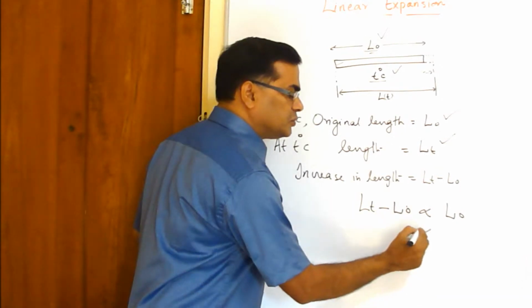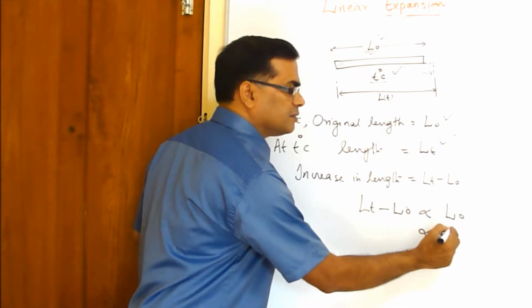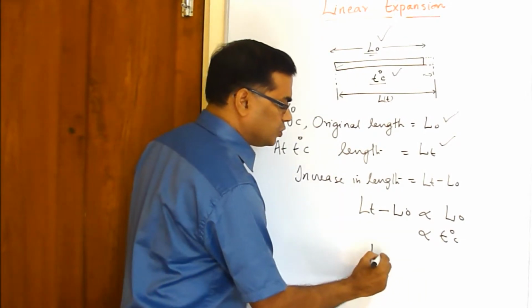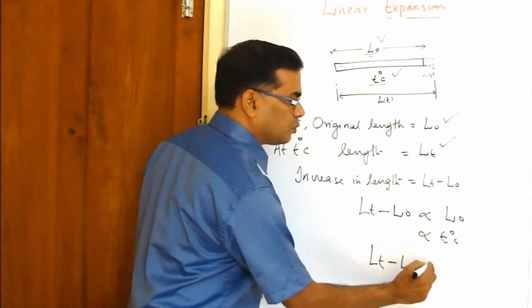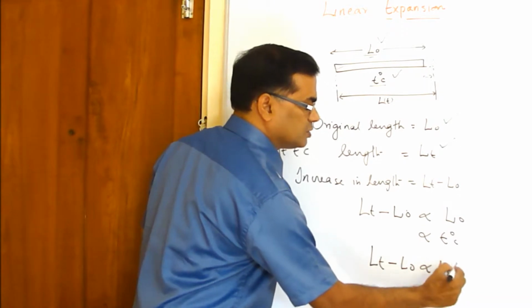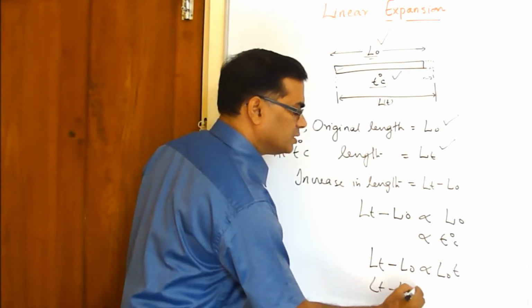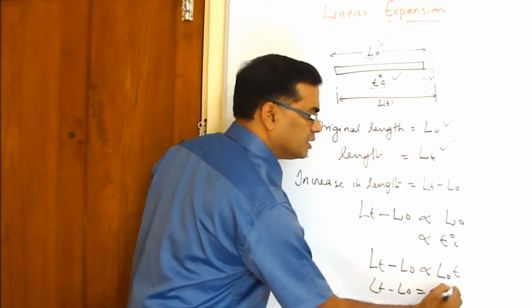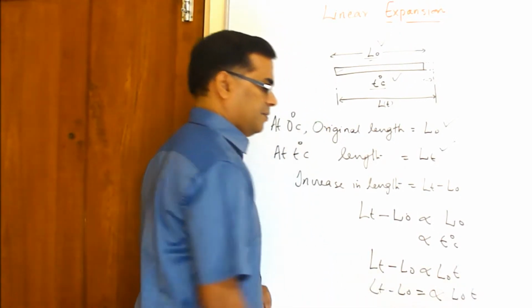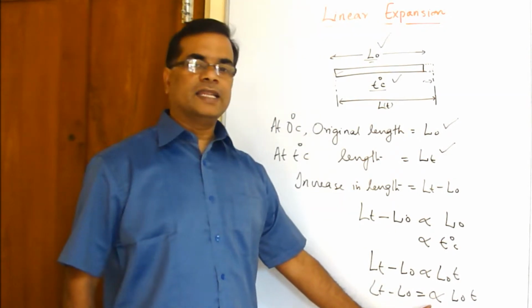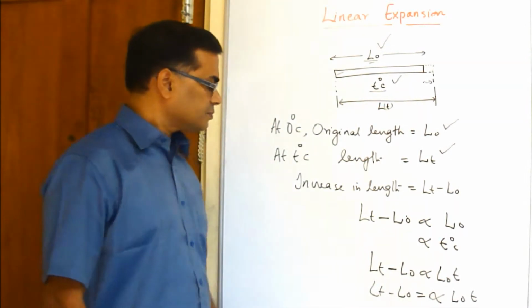It is proportional to the rise in temperature. Therefore, we can write both together as LT minus L0 is proportional to L0T, or LT minus L0 is equal to a constant into L0T. The constant alpha is called coefficient of linear expansion.